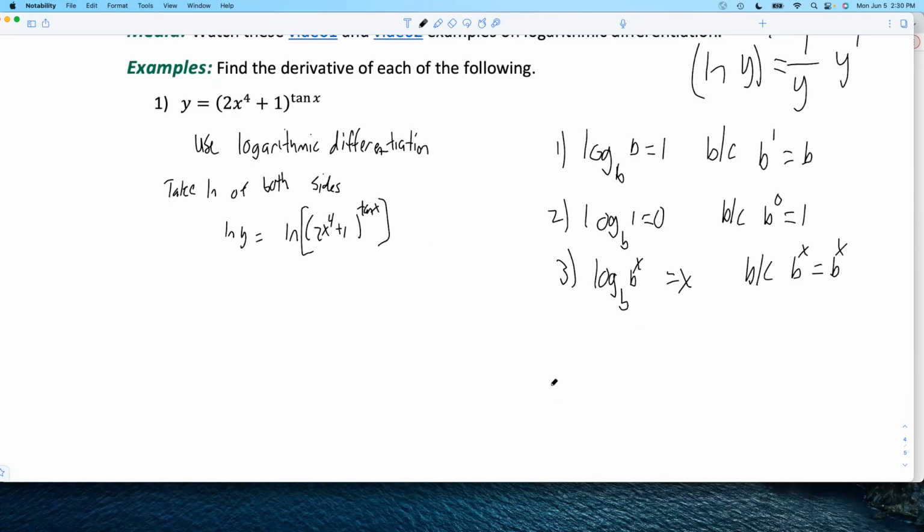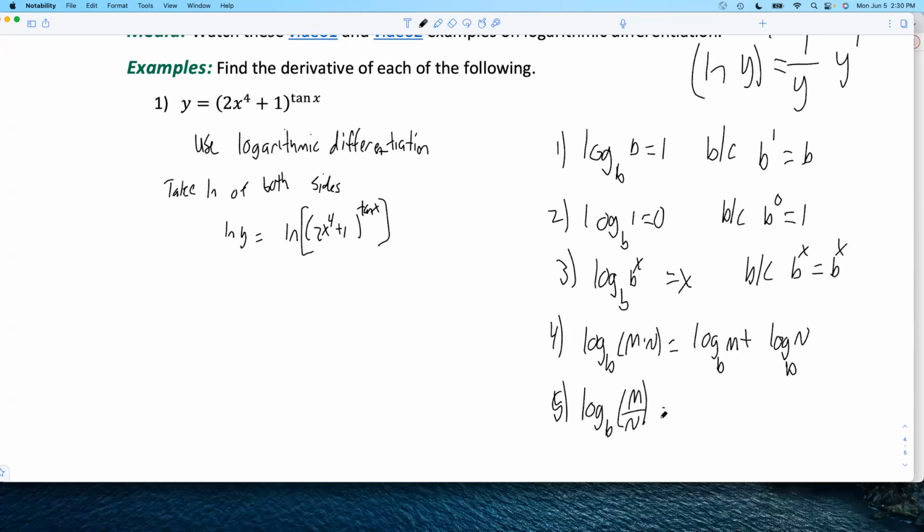Then you have your sum rule. Log base b of multiplied inside becomes added outside. You have your quotient difference rule. Divided inside becomes subtracted outside.